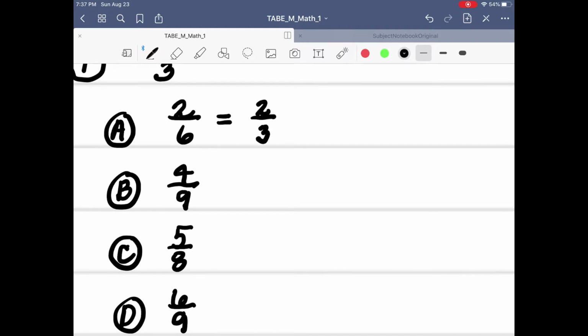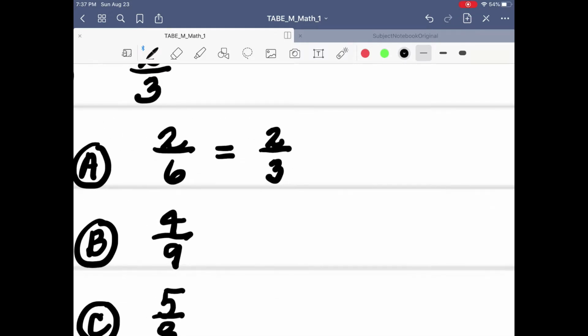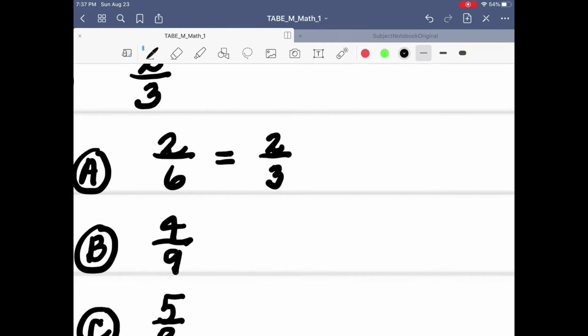So let's try this first one. We can look at that and know that those are not the same thing. If the numerators, the top numbers, are the same, the denominators, the bottom numbers, would have to be the same.